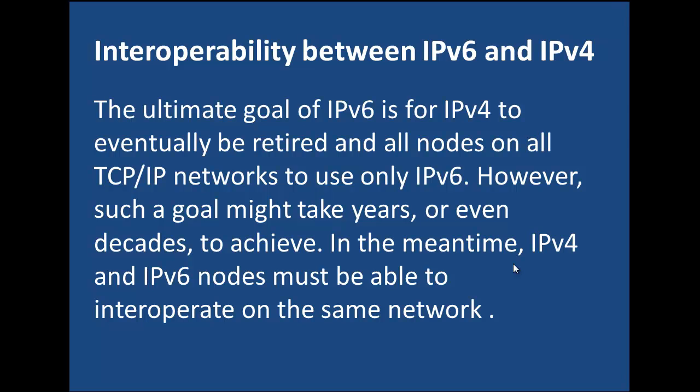In this session, we want to talk about the coexistence of IP version 6 and IP version 4. We have looked at the structure of IP version 4 and we have looked at the structure of IP version 6. IP version 6 has been included with Windows client operating systems and servers since the release of Windows Server 2008.